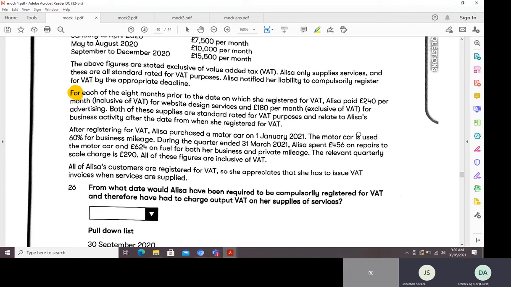Let's say the cost of the item is 100%. If they said inclusive, that means they've added the 20% to the cost or the selling price. So that will give us 120%.